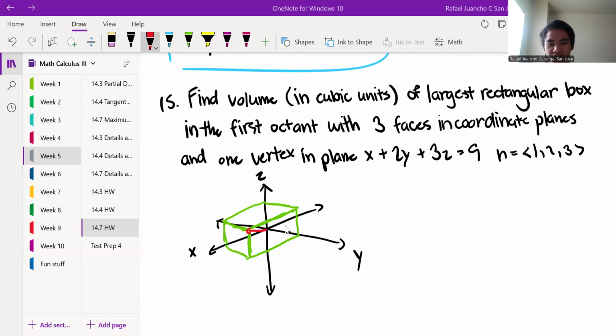Points where lines or edges intersect to form a shape's corners. Oh, so this is a vertex, this is a vertex, vertex, vertex, right?